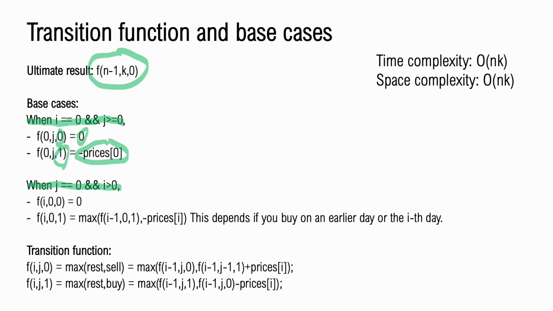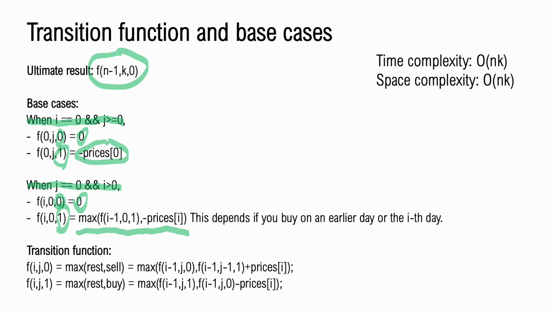So when j equals 0, you may already have bought 1 stock or you may not have bought any stock. If you don't buy any stock, it equals 0. And if you already bought a stock, depending on whether you bought it on the ith day or any day earlier, it will be the larger one between the negative of today's stock price and the optimal solution from the previous day.